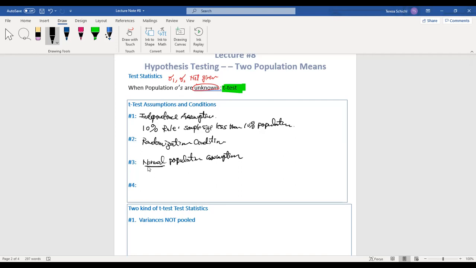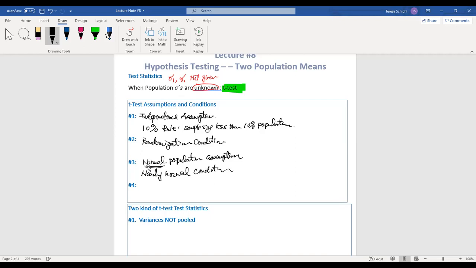Of course, in real life, we don't have truly normal populations, so we also say nearly normal, the near normal condition.